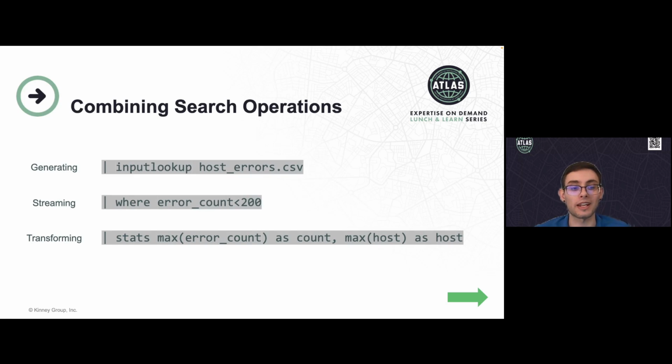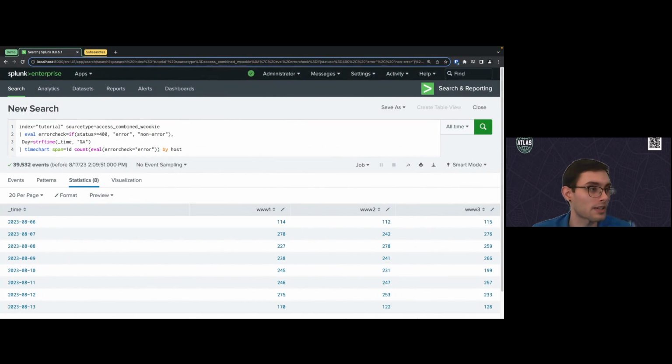And then we're applying a transforming command at the end, which is that stats summarization, getting the maximum values for the count of errors and the host that is associated with that. So let's pivot over to Splunk and we'll take a look at that example.